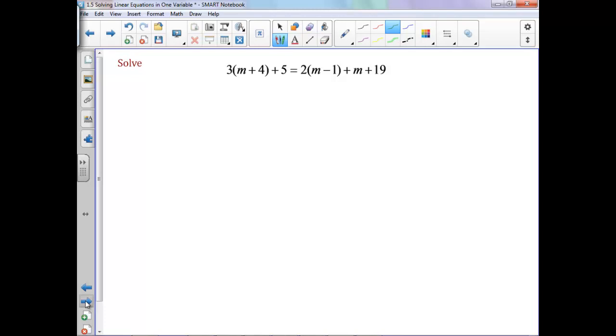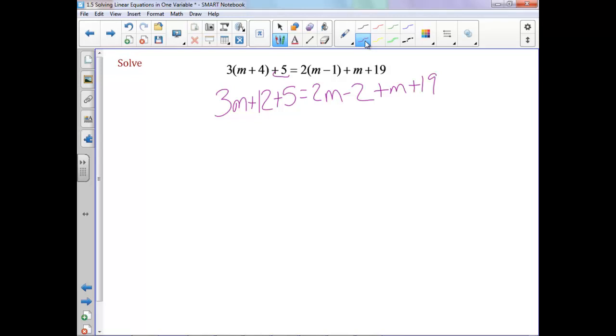Alright, this one. We don't have fractions, so we don't have to worry about that. So let's just start with distributing and getting rid of our parentheses. So we'll have 3m plus 12 plus 5. Notice this 5 is not in the parentheses, so it's not getting multiplied by the 3, equals 2m minus 2 plus m plus 19.